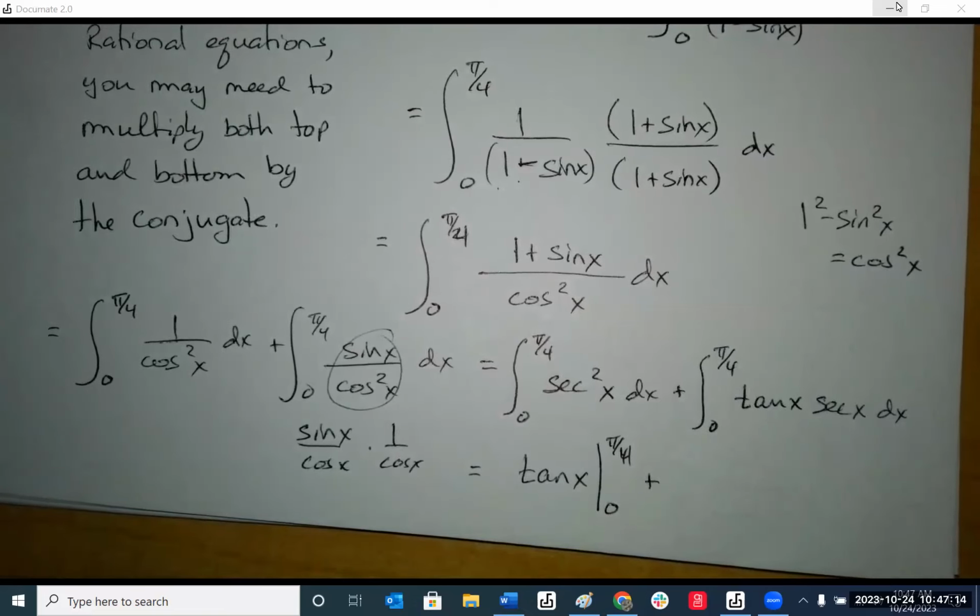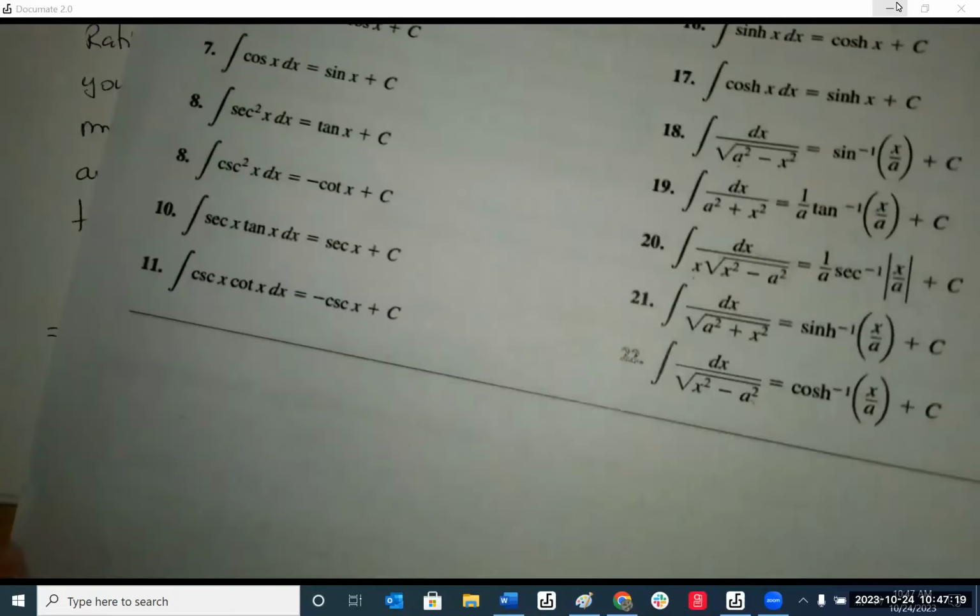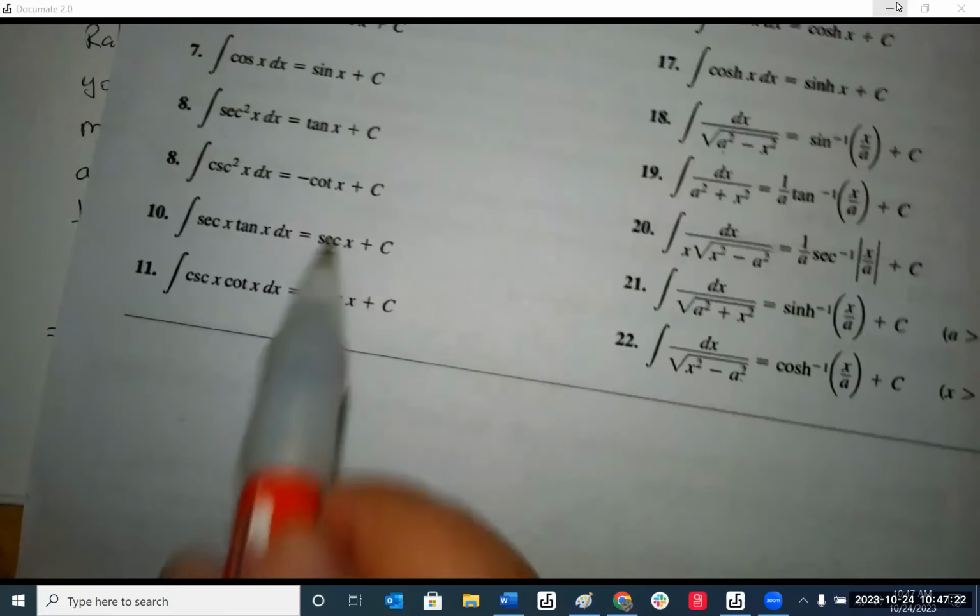And the integral of tangent secant is secant.